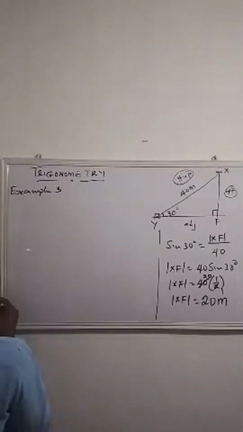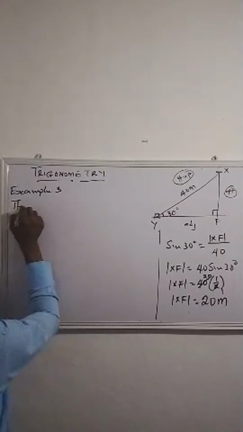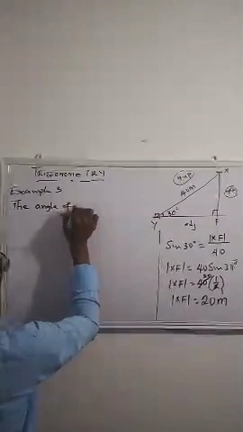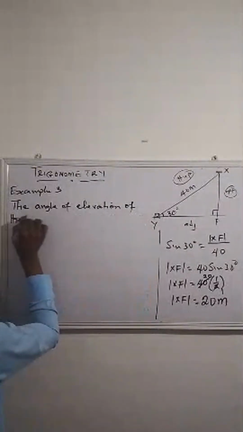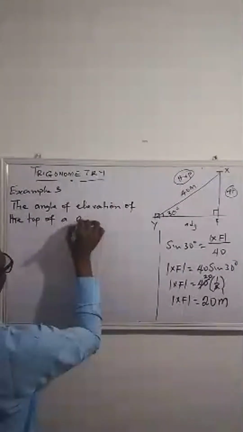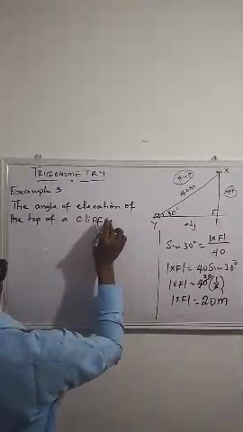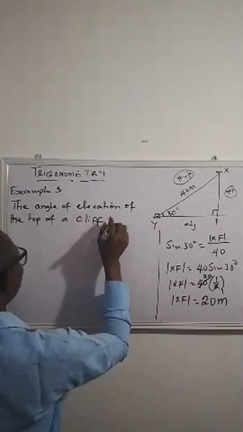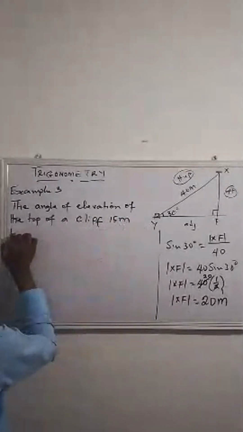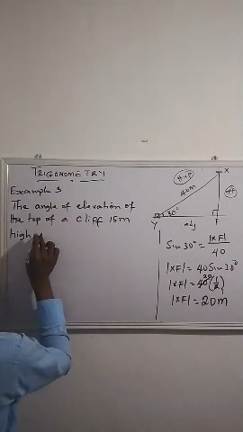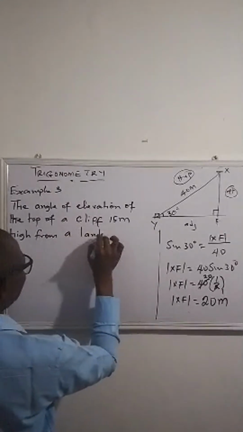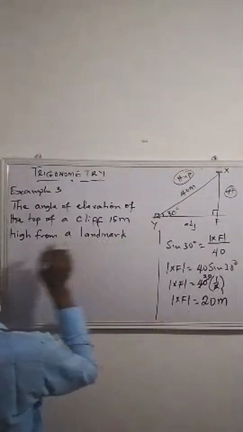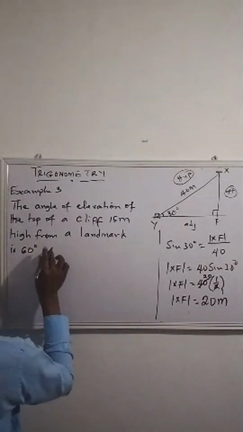Example 3. The angle of elevation of the top of a cliff 15 meters high, from a landmark, is 60 degrees.